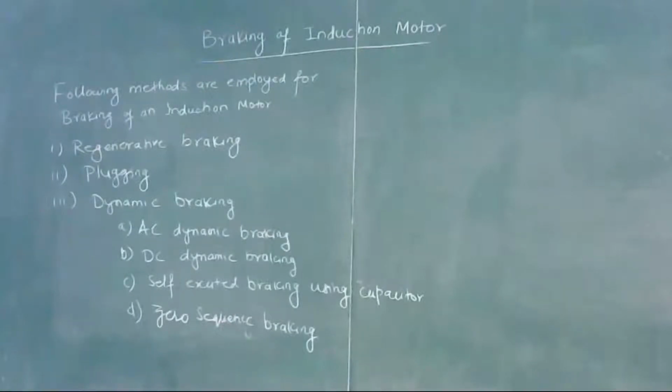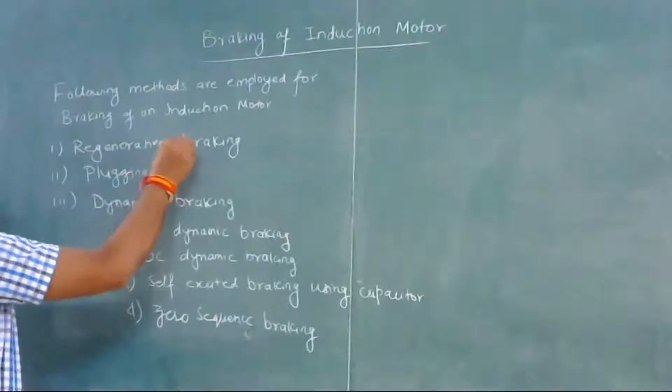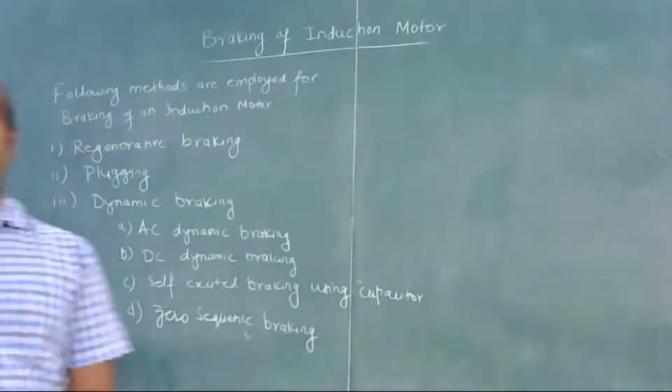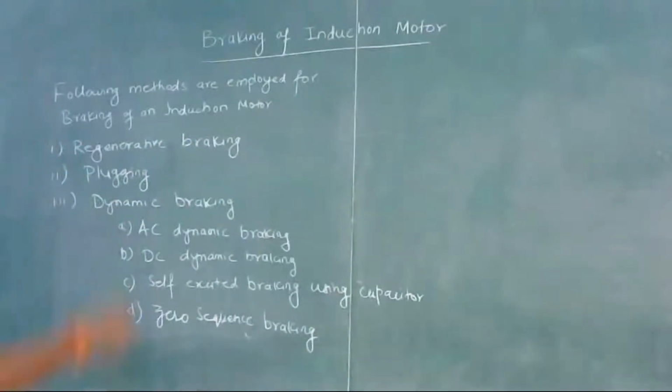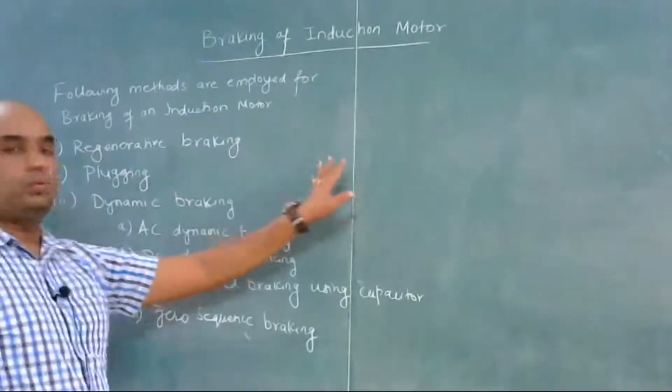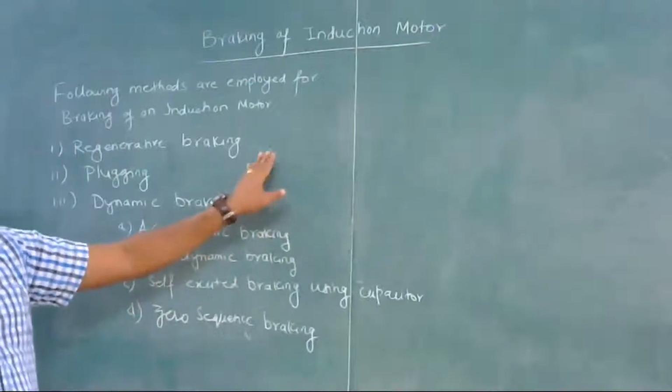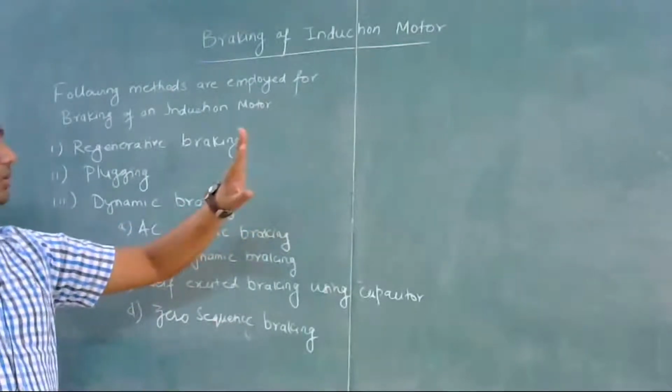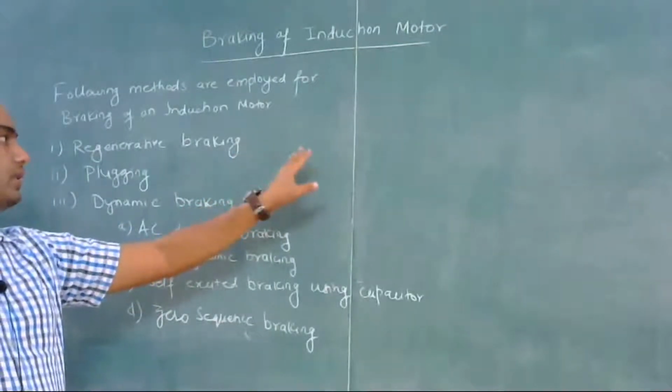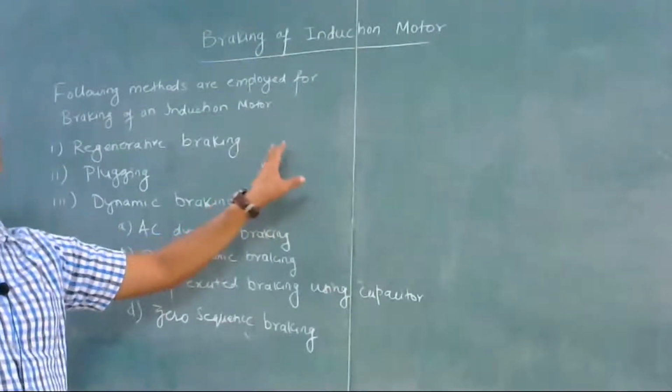As we studied earlier in the braking of a DC machine, in regenerative braking the motor operates as a generator, the power flow is reversed and power is fed back to the supply.